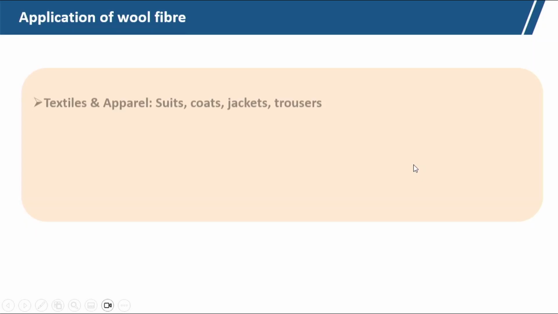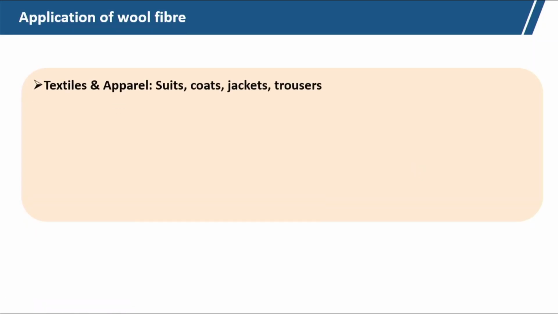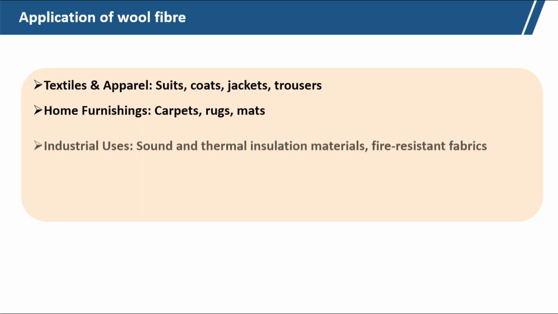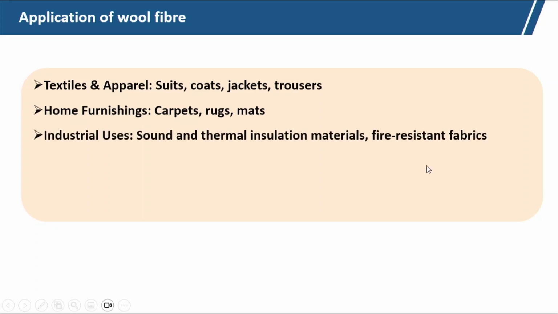If you see the applications, it is used for textile and apparel: suits, coats, jackets, trousers. In home furnishing: carpets, rugs, mats. Industrial uses: sound and thermal insulation, for protecting us from noise, and fire resistant fabric.